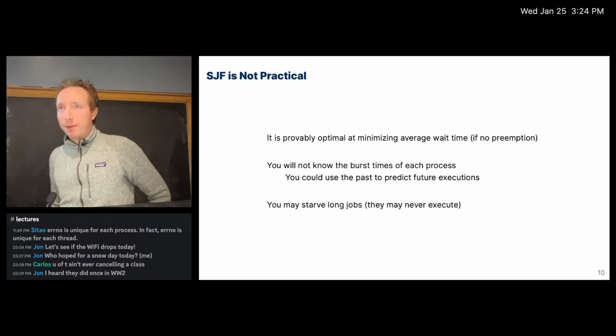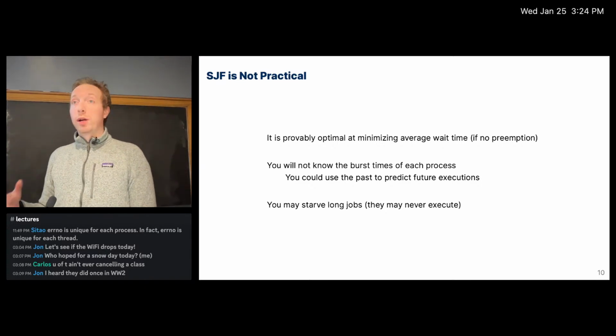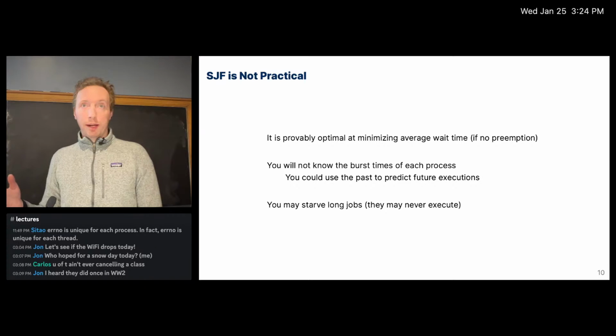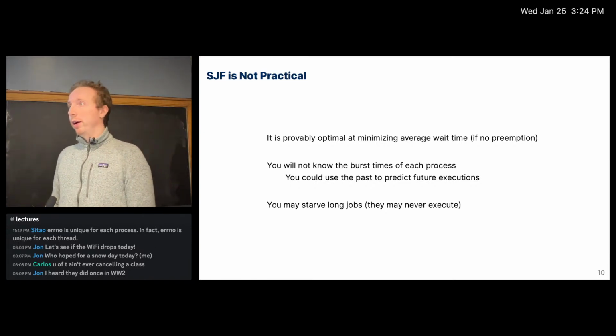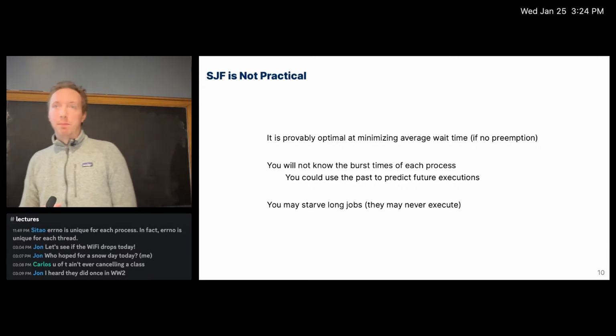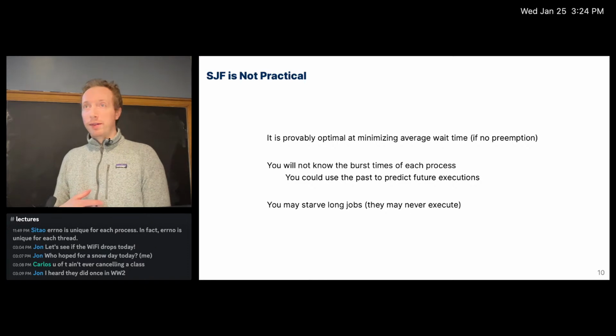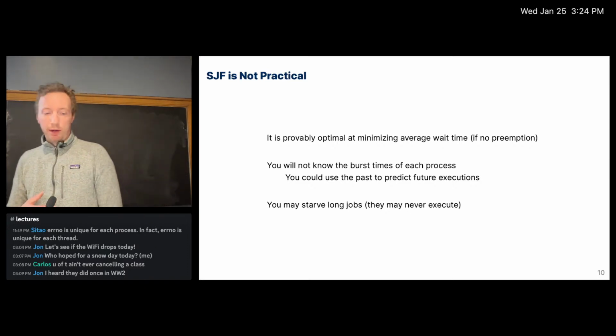But this has a fundamental problem called starvation, where the really long jobs might never execute. If you constantly get little short jobs and you favor them, then your CPU is only ever going to execute little short jobs, and the long ones will never execute. Being in a situation where a process can never execute is starvation. It doesn't have a chance to get any resources.